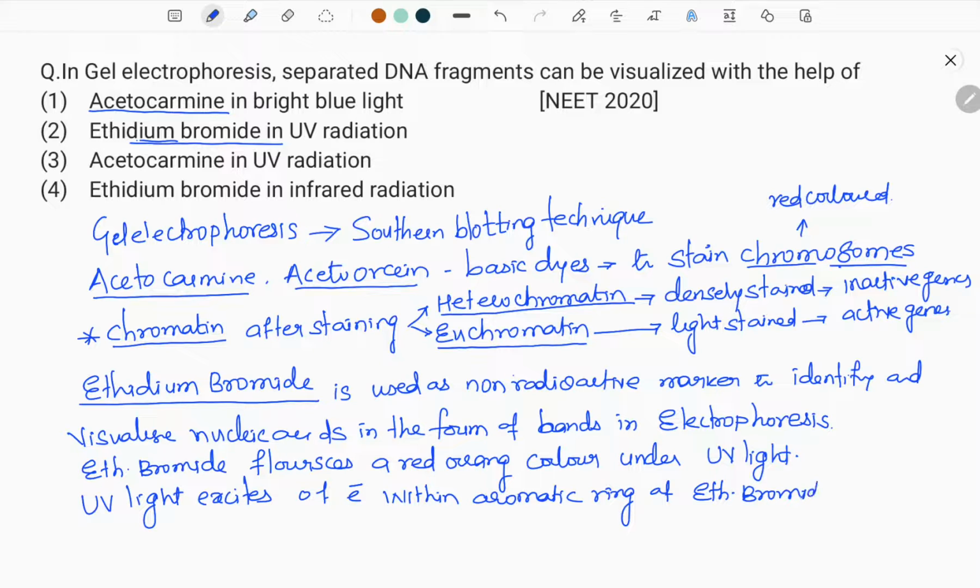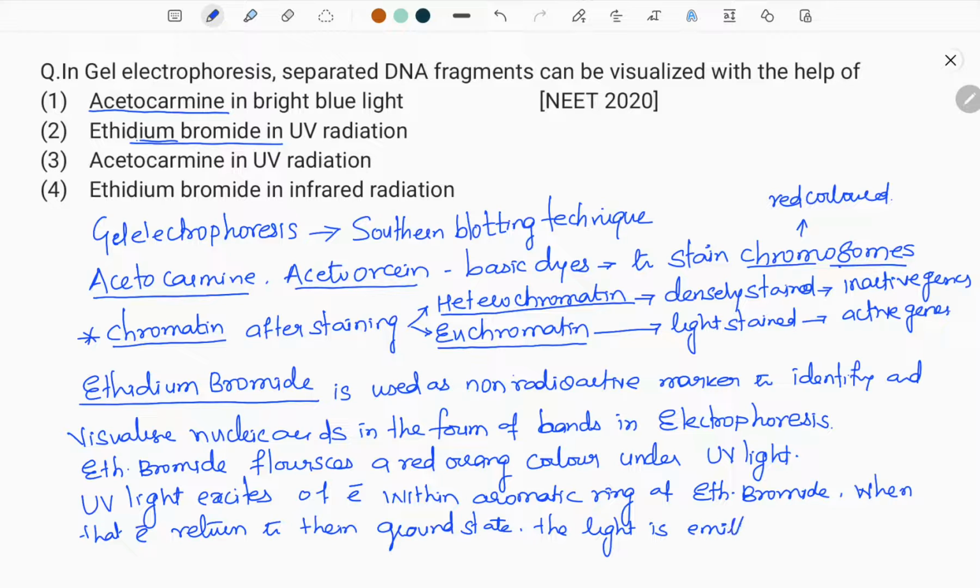When that electron returns to its original ground state, the light is emitted.